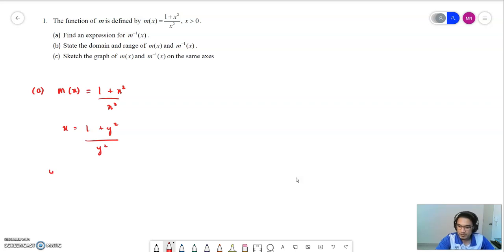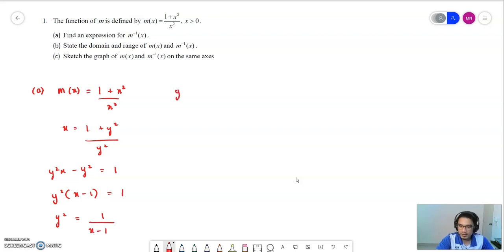So it becomes y squared x minus y squared equal to 1. I can factorize out y squared, and I have y squared (x minus 1) equal to 1, so y squared equal to 1 over (x minus 1).